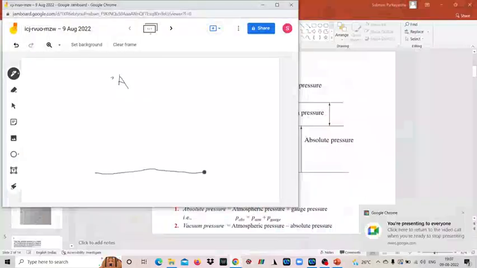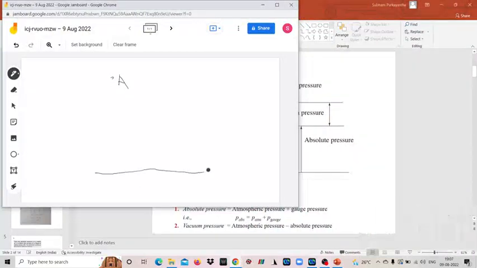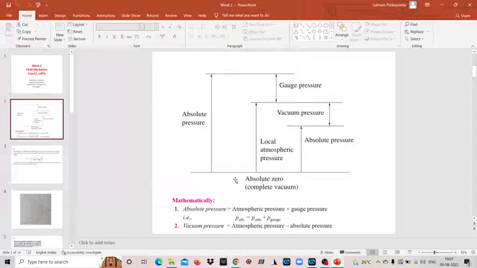So if you consider your complete vacuum as your reference level, then the pressure at this point with respect to the complete vacuum is known as the absolute pressure, as shown in this particular figure. So when you are measuring the pressure with respect to the absolute zero, it is the absolute pressure.